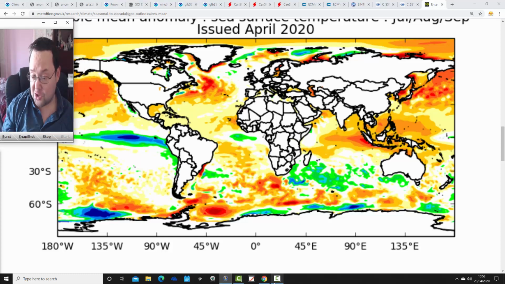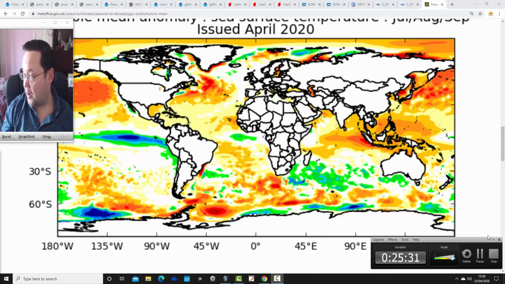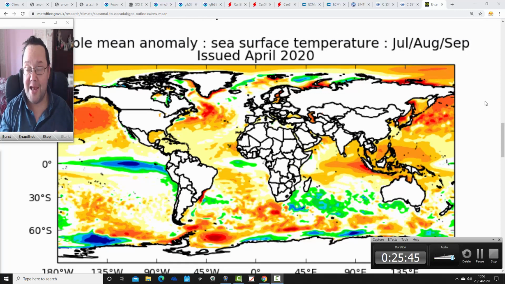However, the UK Met Office model is a good model, so we certainly can't discount that possibility that we could very quickly move into a really strong La Nina and get it going through the summer. If we did, that would have pretty grim impacts probably on the summer of 2020.